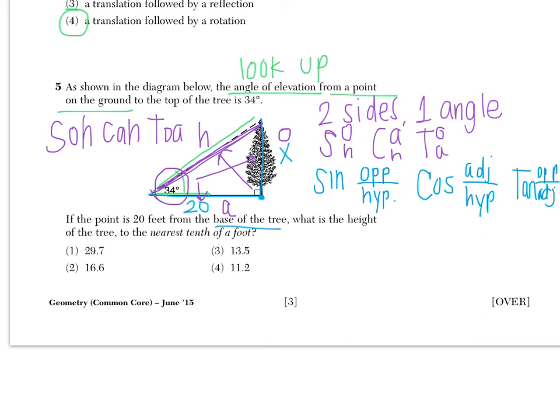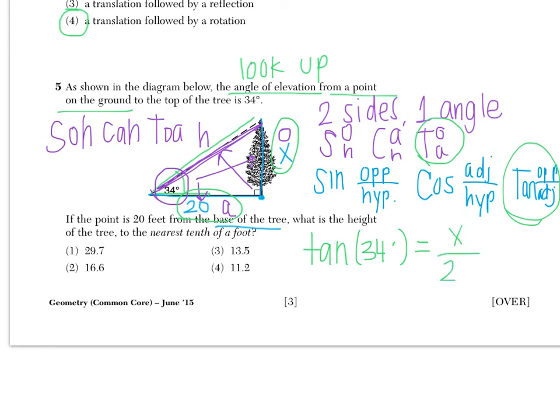So I notice that I'm using an A and an O, which forces me to then use TOA, or tangent. So now I have tangent of the angle, 34 degrees, is equal to opposite over adjacent, x over 20.